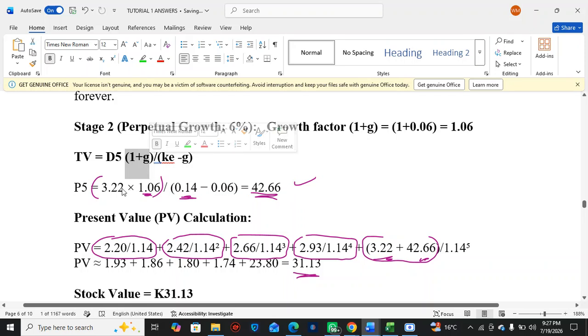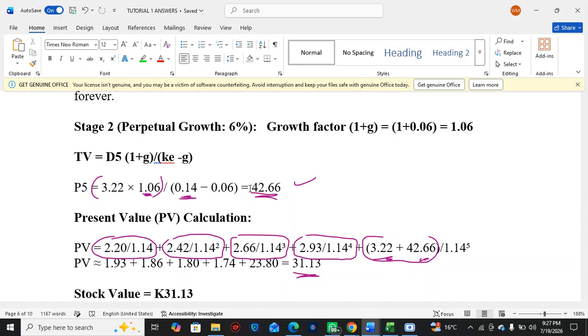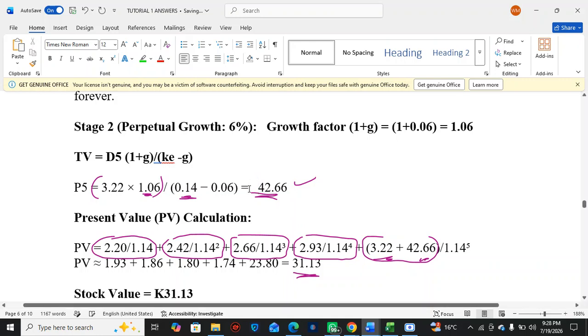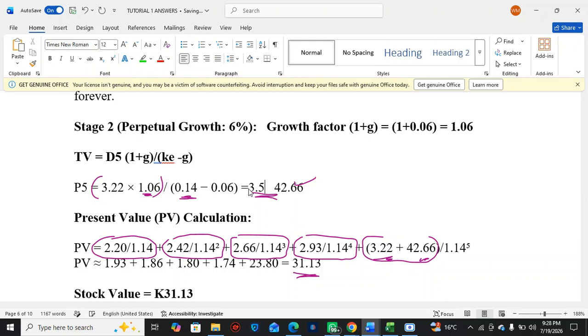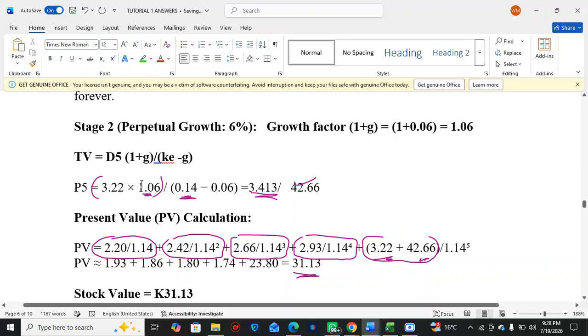So we are saying this 3.22, if it grows by 6%, we'll do 3.22 multiplied by 1.06, which is 3.413. This is the expected dividend for year six.